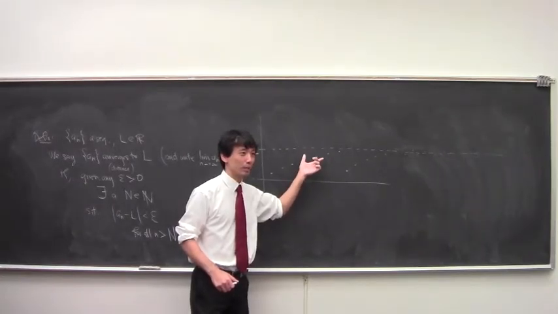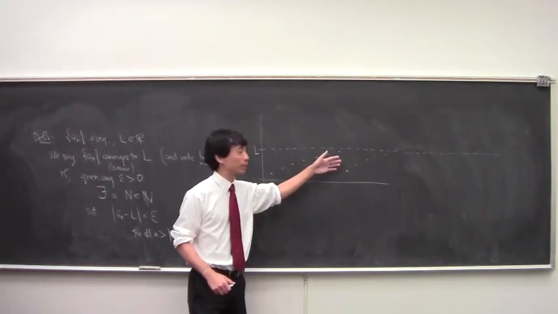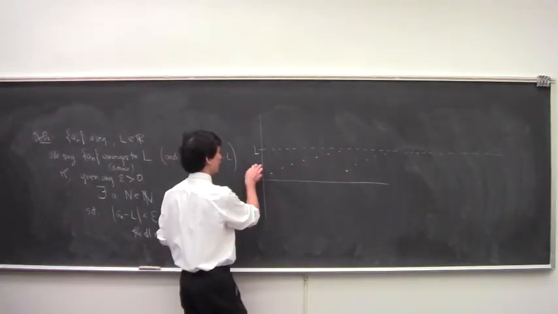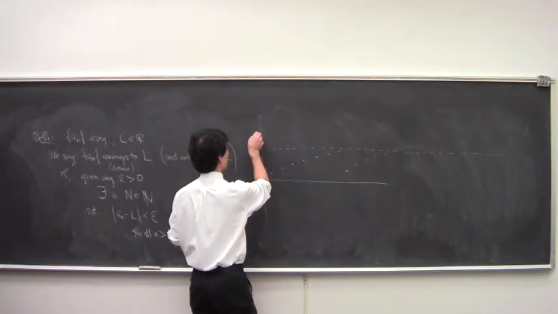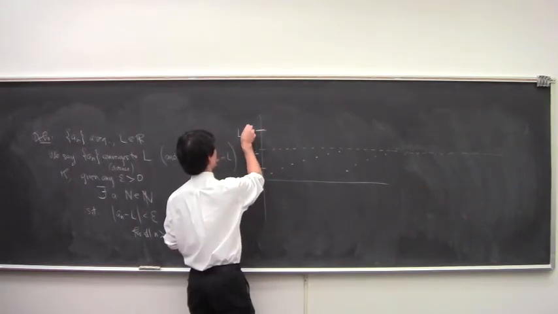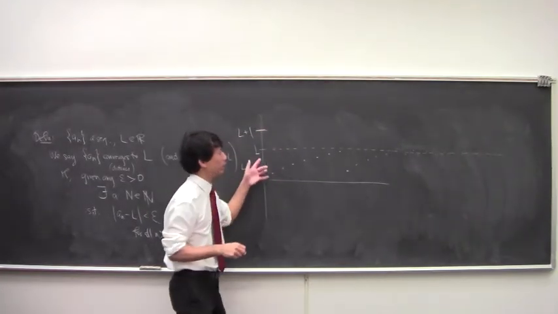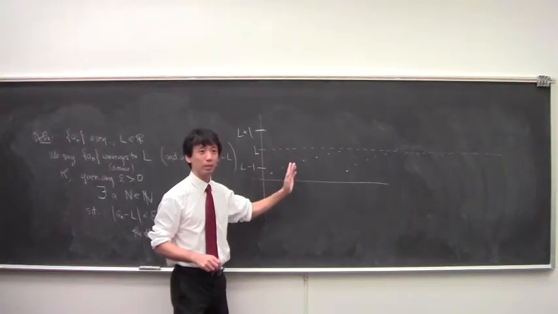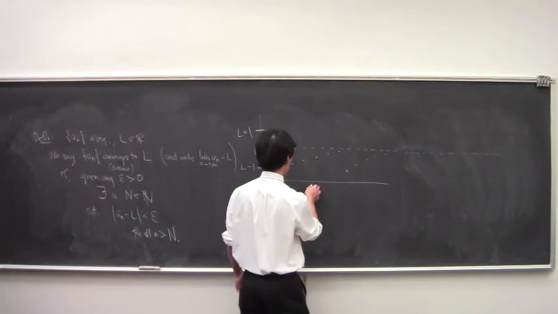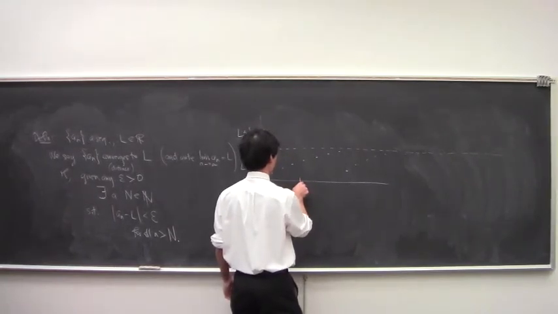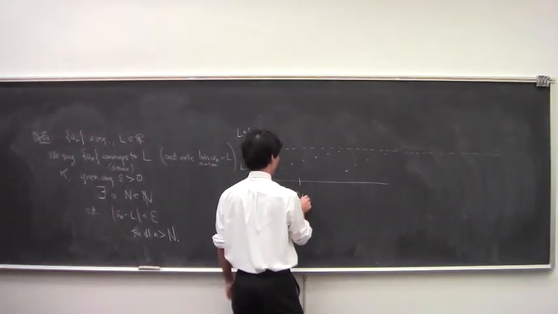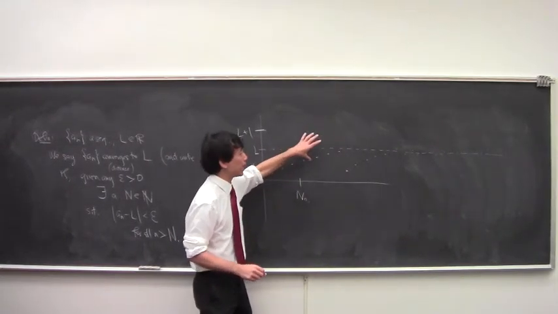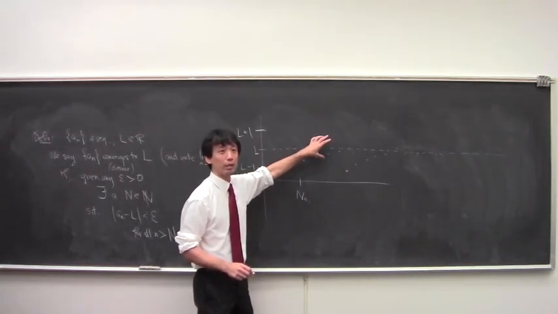And notice what you can do. If I say, can you find me a place where everybody stays between L plus 1 and L minus 1? Can you find me a time past which that happens? You would say, yeah, sure. Past this time, here's some N, everybody stays that close to L.